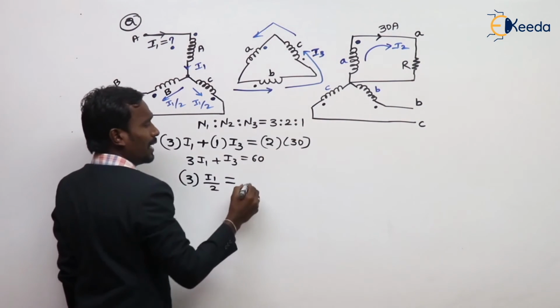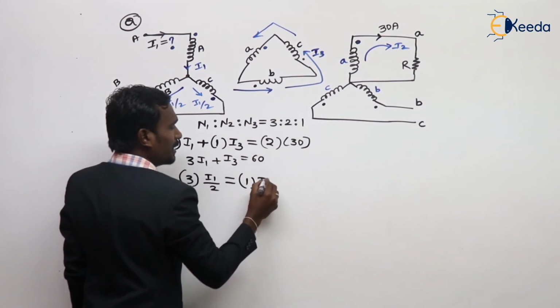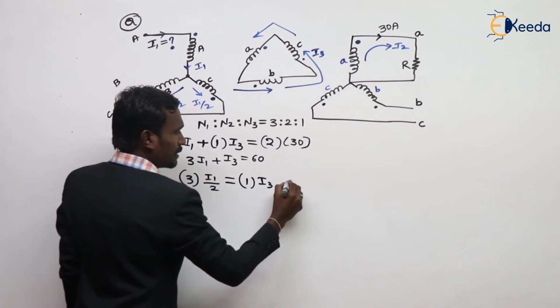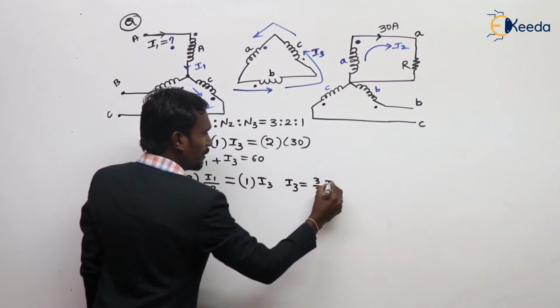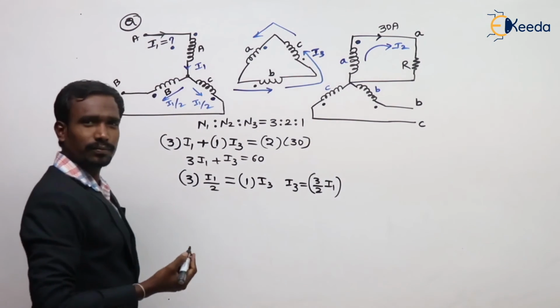N3 is 1 because this is the tertiary winding, and I3 is I3 only. So from this, I3 is equal to 3 by 2 times I1.